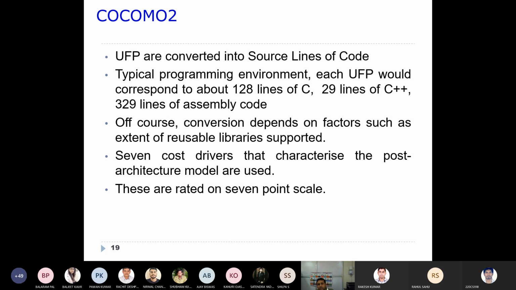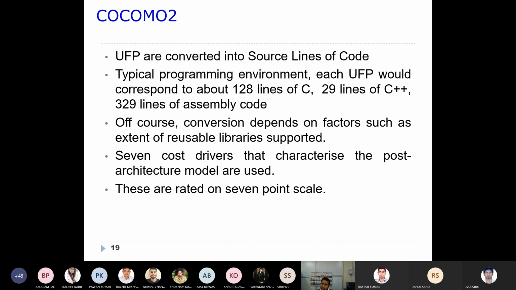Here as part of this, we take 7 cost parameters, and these are rated on a 7-point scale.